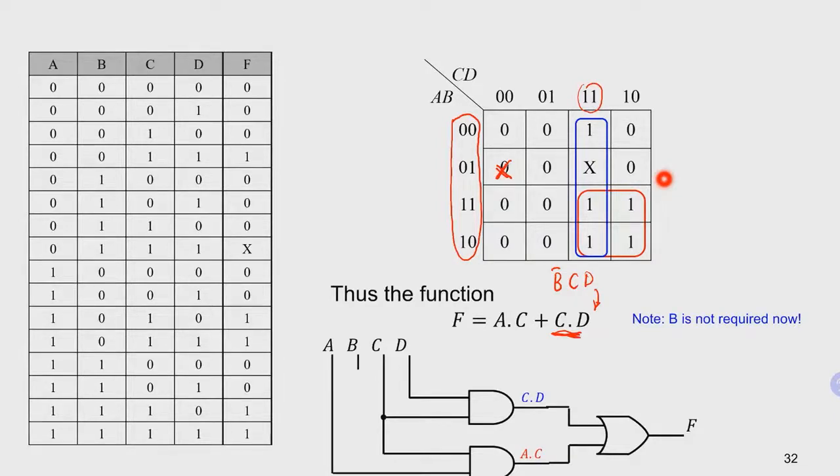So we'll keep that x to be 0 because we can't draw any loop to link to our existing 1 to further minimize the function. So in this case, this x doesn't play into our advantage. So we'll keep this x as 0, not as 1. And then this x will be 1, for example. Okay, so that is to illustrate a don't care condition.